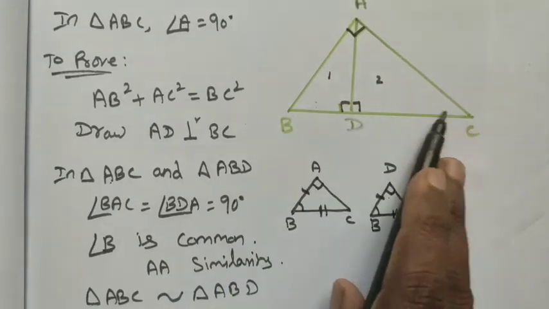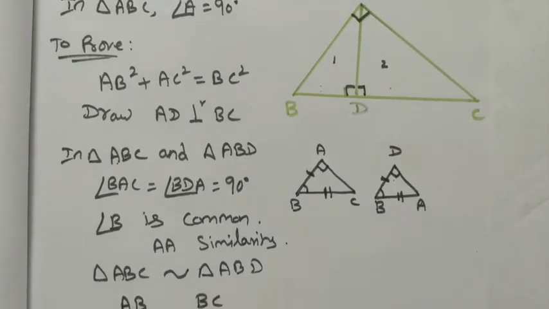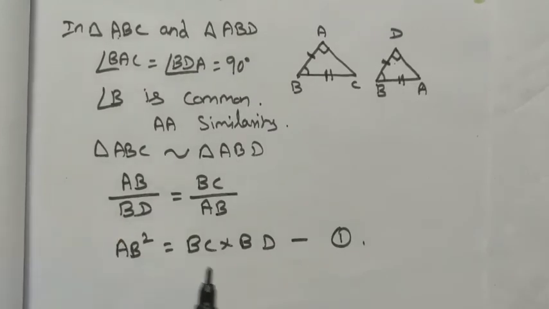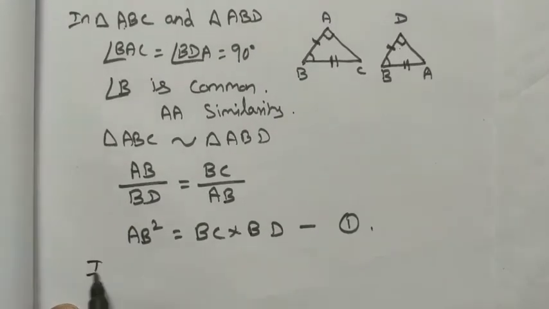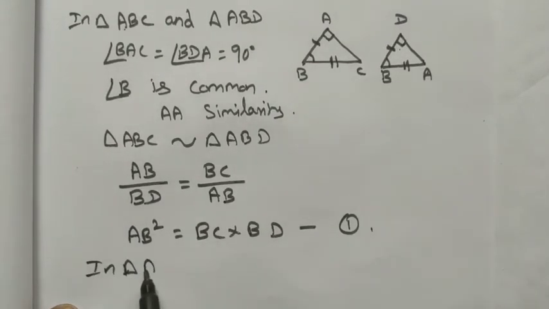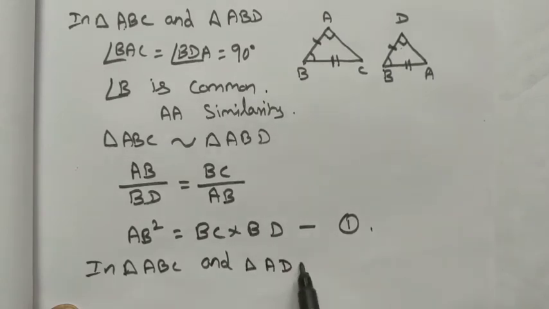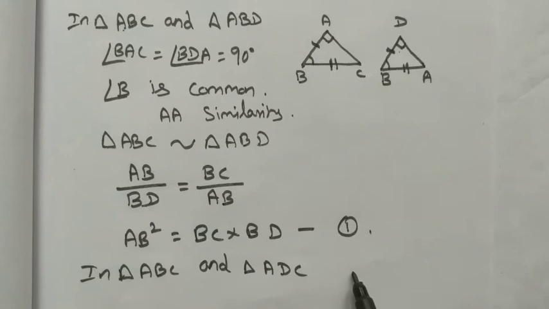Now the bigger triangle with triangle number 2, that is ADC. Here, in triangle ABC and triangle ADC, I draw the rough diagram.